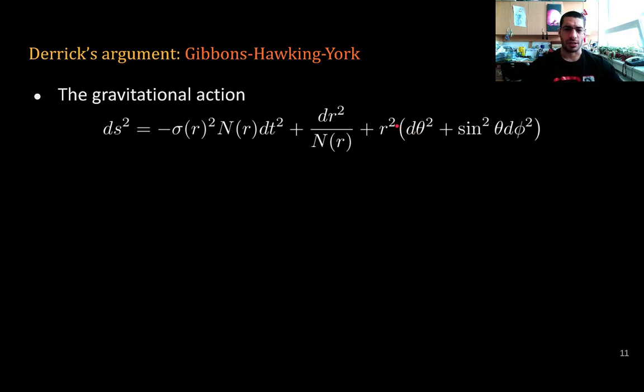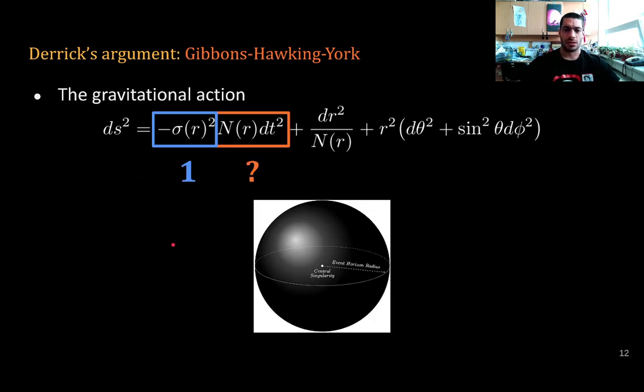For the gravitational action, we need to introduce a metric ansatz, and for this, let us consider a generic metric ansatz that is compatible with spherical symmetry, which contains two unknown functions, N of r and sigma of r. However, these solutions are known for a spherically symmetric black hole, in this case the Schwarzschild black hole, where sigma is equal to 1.